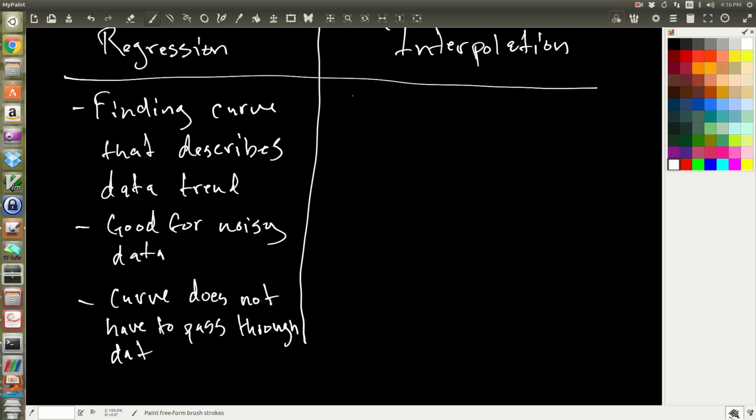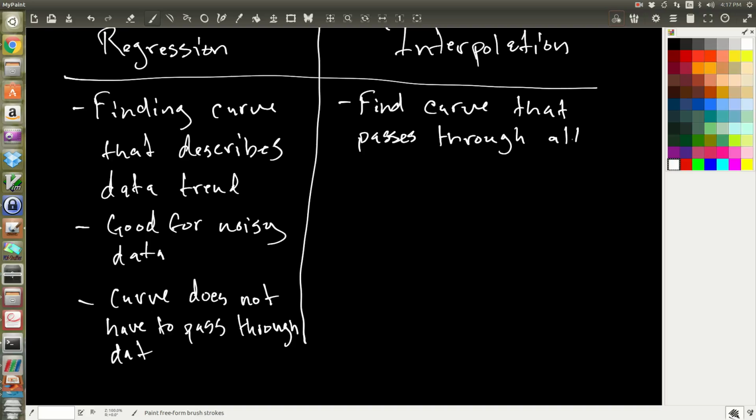Alright, interpolation. We are specifically trying to find the curve that passes through all the data. It's good for data with little noise.